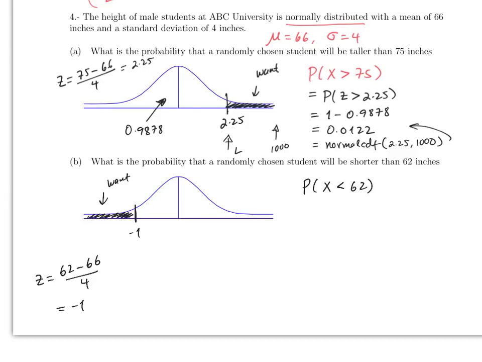And again, you look to the table, it is going to give you all of this area. So this comes from the table, and the value on the table is 0.8413. Remember that X less than 62 is the same thing as the probability that Z is less than -1, which is the area here to the left.